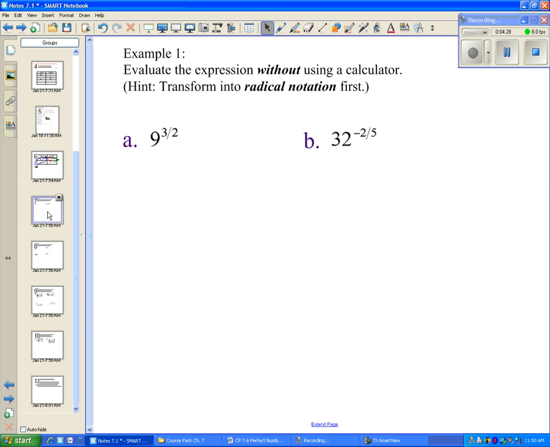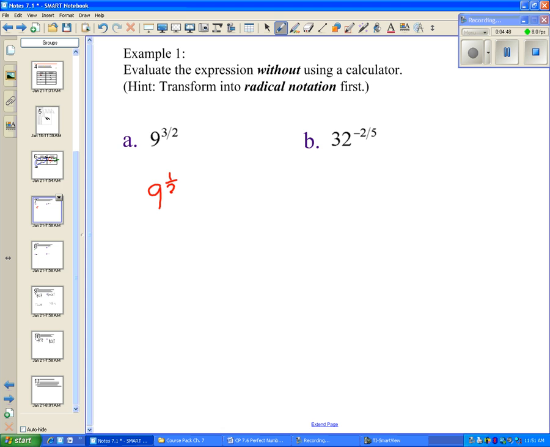Let's see what that does. Here we go, example 1. Evaluate the expression without using a calculator. I want 9 to the 3/2 power. Well, what does this tell me? Well, I'm going to look at this as 9, and I'm going to first look at the half.